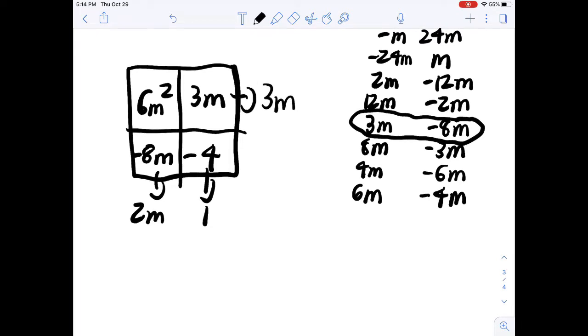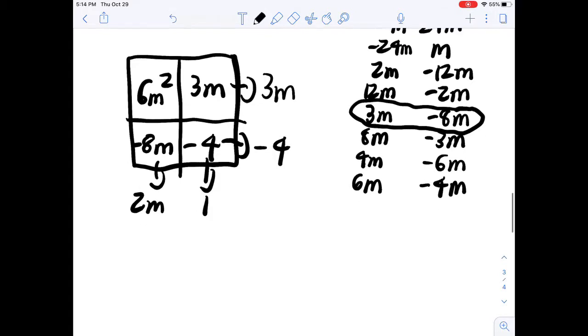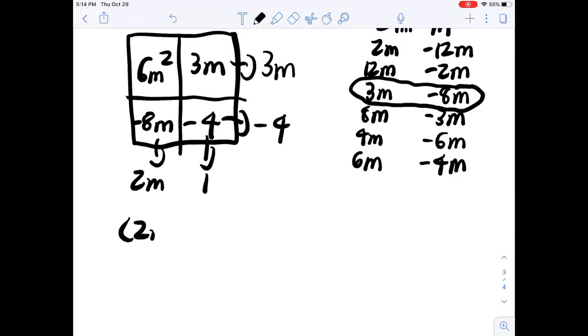Negative 8m and negative 4 have a negative 4 in common. So 6m squared minus 5m minus 4 factors out to 2m plus 1 times 3m minus 4, because there's a minus in front of the 4 here.